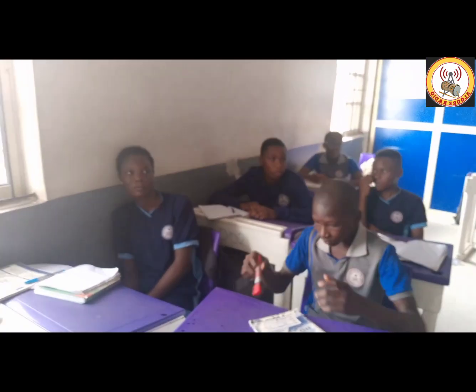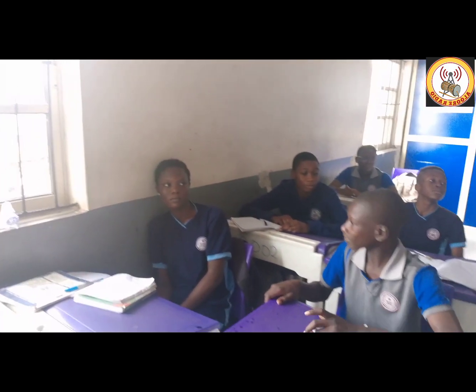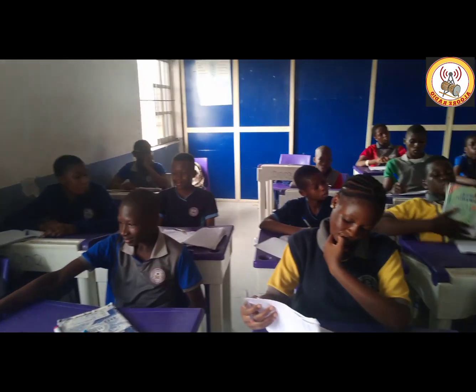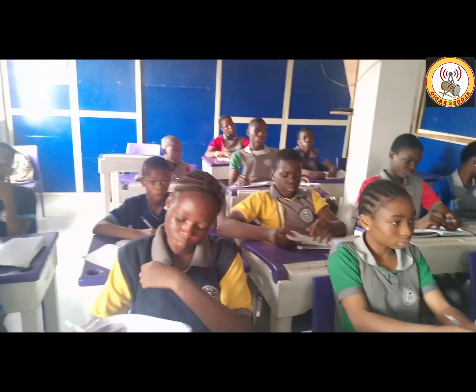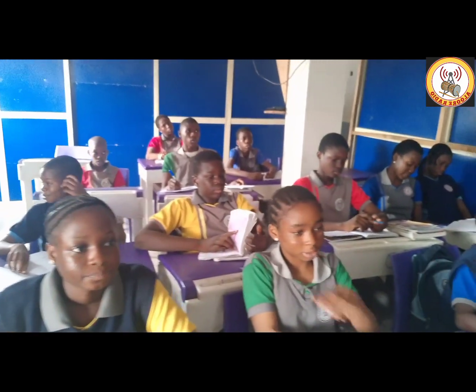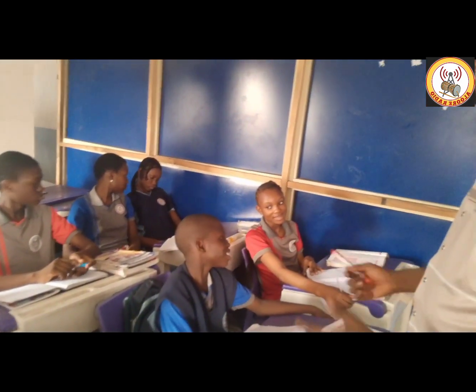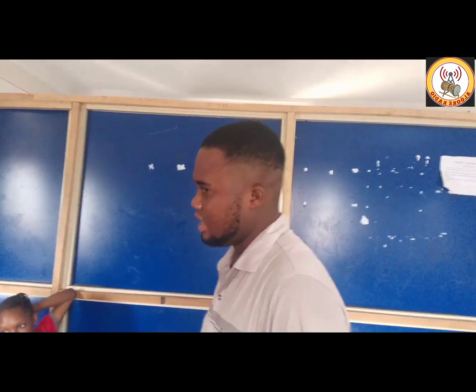Are you getting me now? Yes. I might use A, B. You might decide to use C, D, K, D, A, C, Z, Y, as long as you are convenient with it. Are you getting me? Yes, sir.